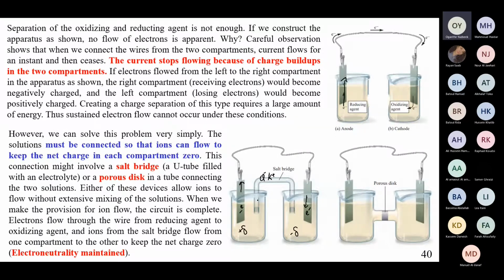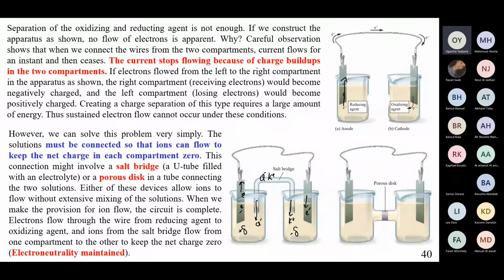As the positive charge builds, some Cl minus comes in here and neutralizes the positive buildup of the charge. Likewise, as negative charge builds, the potassium ion comes in and neutralizes the negative charge that is built. This neutralization allows further electrons to keep on moving and to flow.